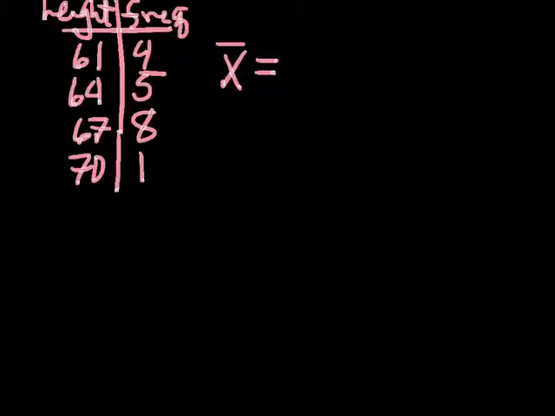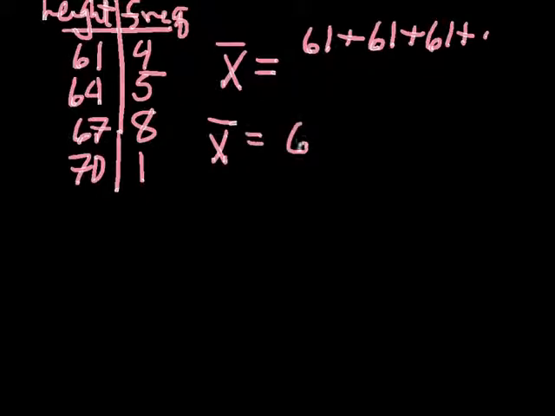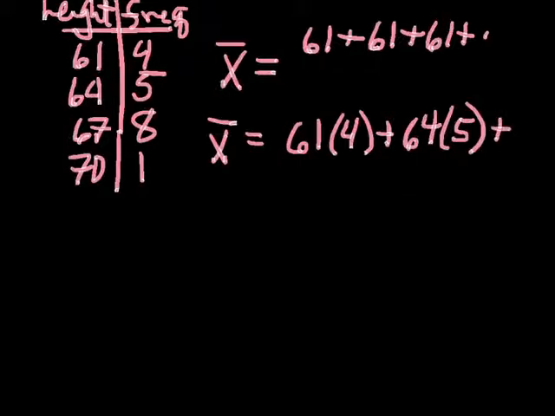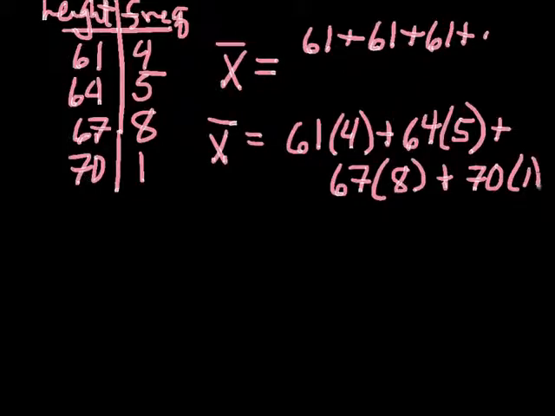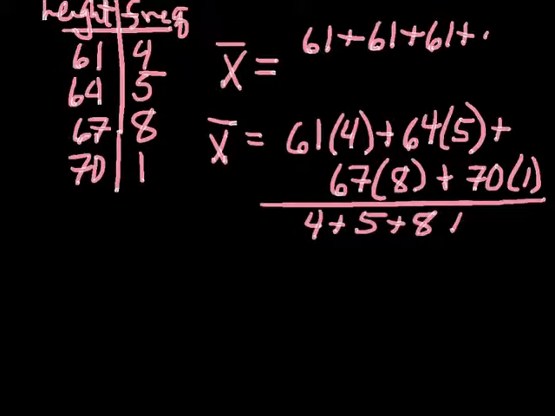Now instead of writing 61 plus 61 plus 61 plus dot dot dot like that, I can make this a little shorter, and I can say, well, 61, I'm going to add it 4 times, so that's 61 times 4, plus 64, I'm going to add it 5 times, plus 67, I'm going to add it 8 times, plus 70, which I'm going to add 1 time. And then I divide by essentially the 4 plus 5 plus 8 plus 1.